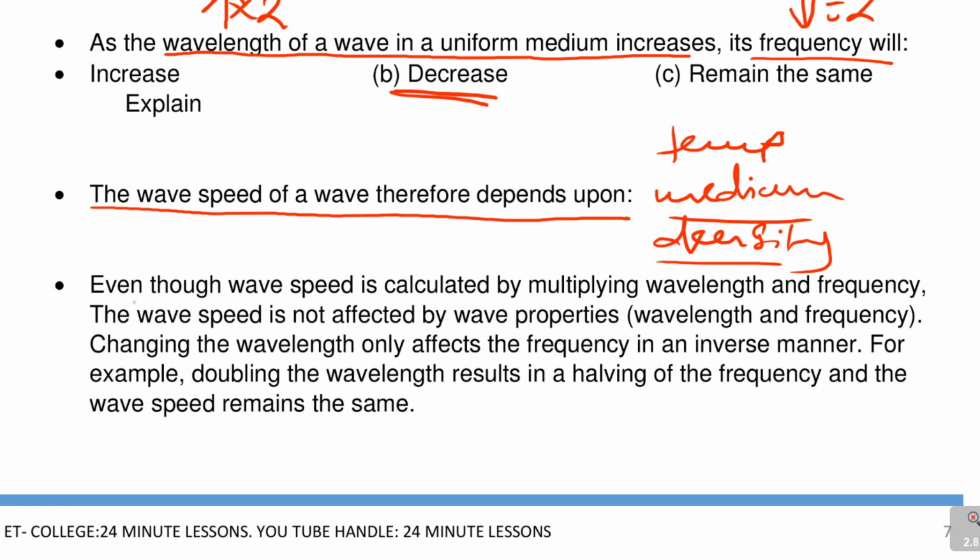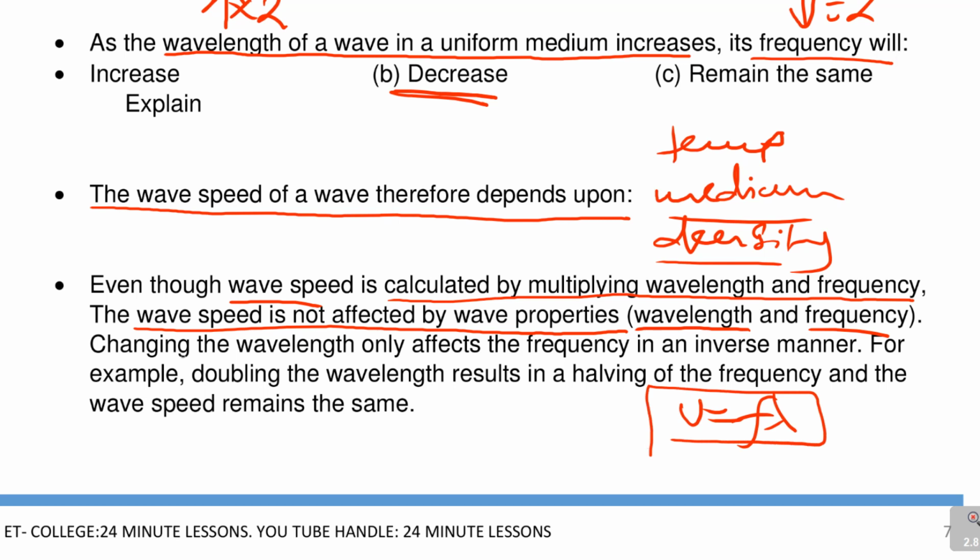So let's look at the conclusion. Even though wave speed is calculated by multiplying wavelength and frequency, this is very important now because they may want you to conclude from an experiment they've given. The wave speed is not affected by wave properties. What are the wave properties? Wavelength and frequency. Why? v is f lambda. So these are the wave properties.